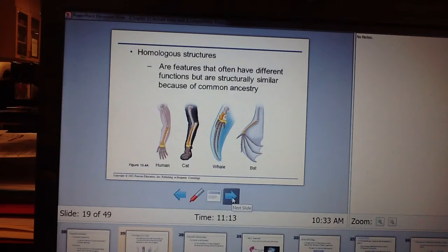These are structures that have completely different functions, so they're not used the same way, but genetically and structurally, they're the exact same. For example, if you look at the hand of a human, you wouldn't necessarily think that it's directly related to the paw of a cat. But guess what? Bone for bone, we are the same. Just like in a whale or a bat. A bat wing and a whale fin look nothing like a human hand, but the bones inside of those are very similar. And the bones are developed from the DNA, which means we have a common ancestor with cats, whales, and bats.